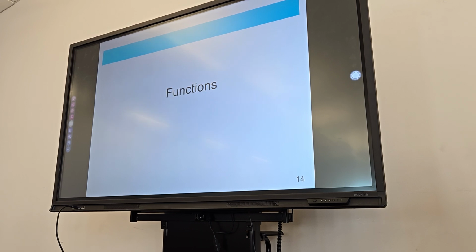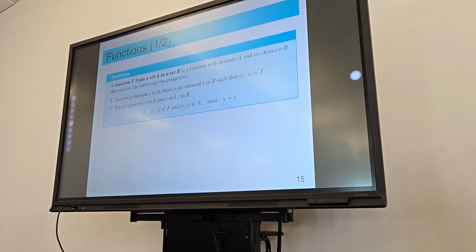Now a function is a particular kind of relation. A function f from set A to B is a relation with domain A and codomain B that satisfies the following two properties.